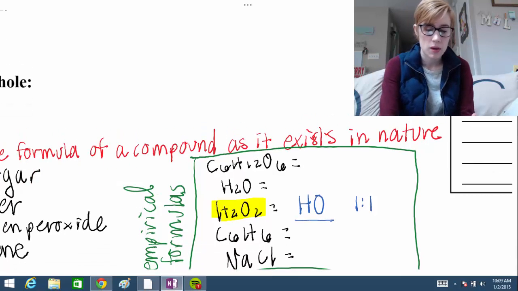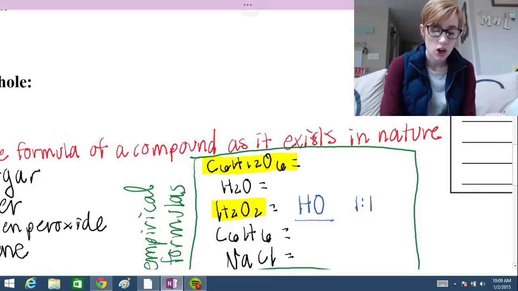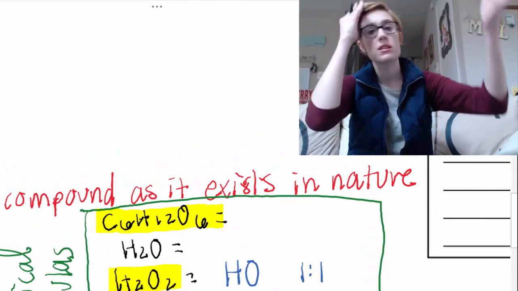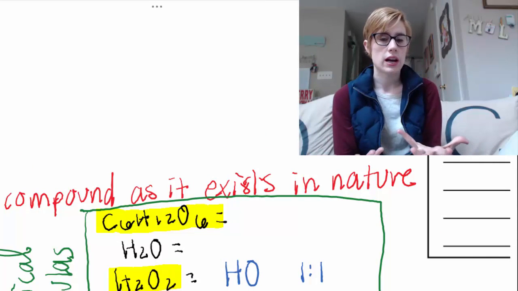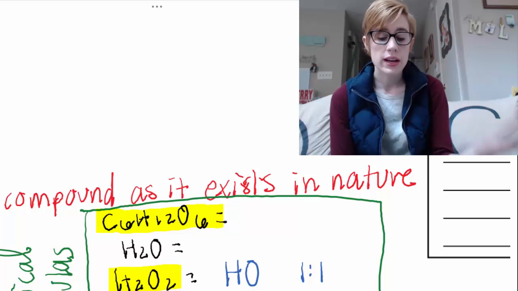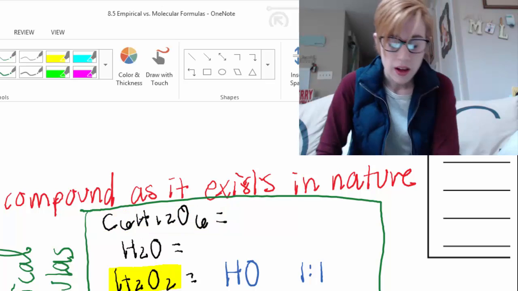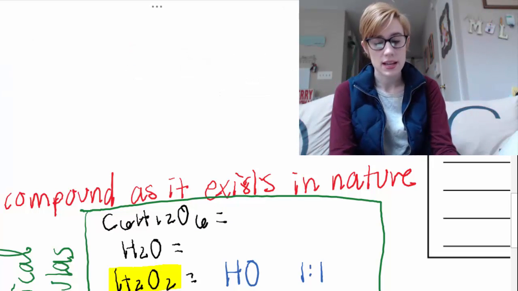Let's look at another compound. Let's look at sugar. Sugar is made of 6 carbons, 12 H's, and 6 oxygens. That's how it exists in nature, the whole compound. But is that the smallest ratio that I can make for this compound? No, I could actually reduce this down. Right now the ratio is 6 to 12 to 6. I can reduce all of these if I divide all these numbers by 6.